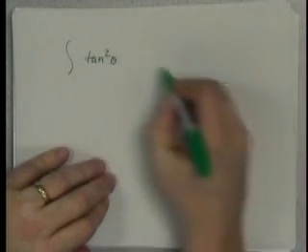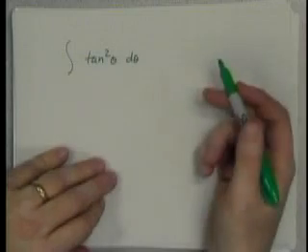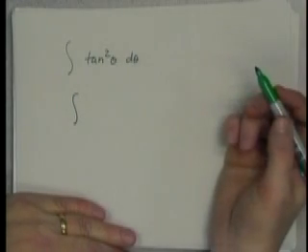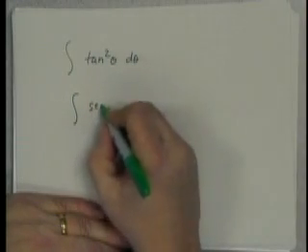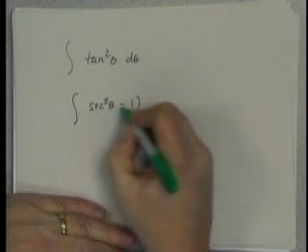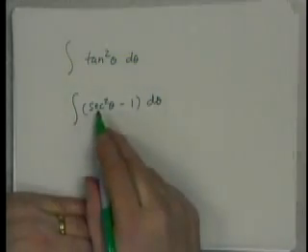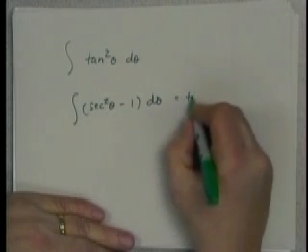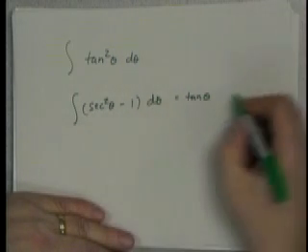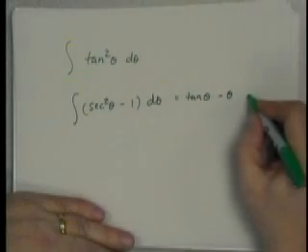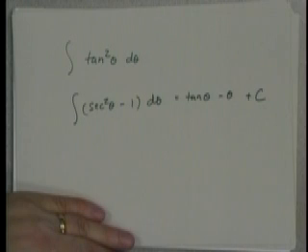Because if I'm going to use integration by parts, this would be my dv, and I need to be able to integrate this. The Pythagorean substitution for tangent squared is secant squared theta minus 1. And that's what I know. The antiderivative of secant squared is tangent theta. And the antiderivative of 1 is theta, and you'd have a plus an integration constant here.